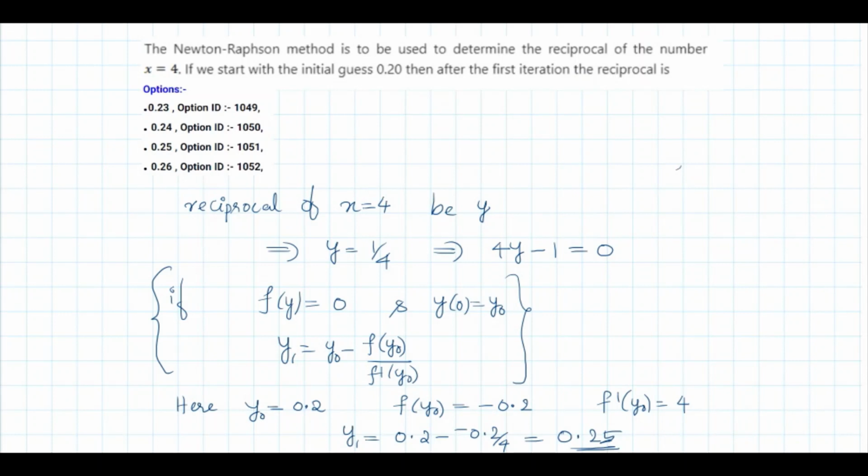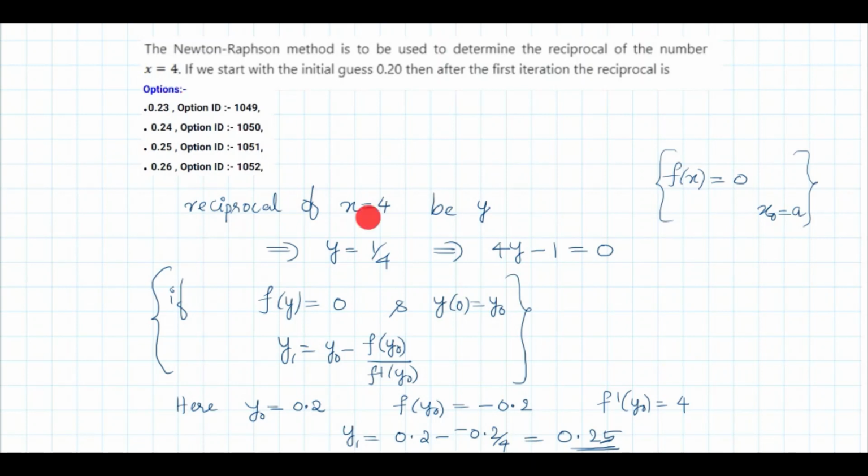But for applying the Newton-Raphson method, you have to identify the function. Usually in the Newton-Raphson method, you will be given f of x equal to 0 and x naught some value, and you have to find the value of x. But here it is given that you have to find the reciprocal of x equal to 4.